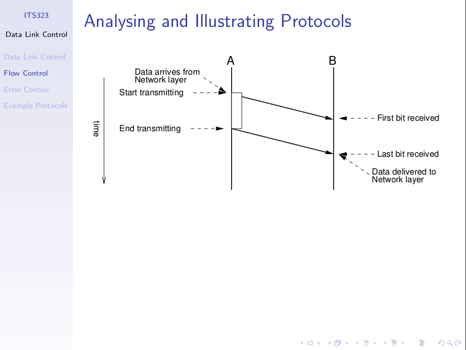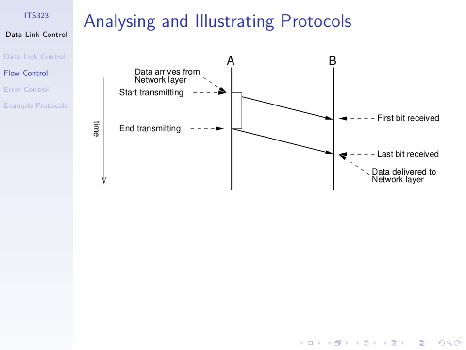If we think of the first bit that is sent, the signal representing that propagates across the link, and it takes some time. If we start transmitting here, the propagation delay from here to here, this period, means that at this point in time, B receives that signal. Okay?